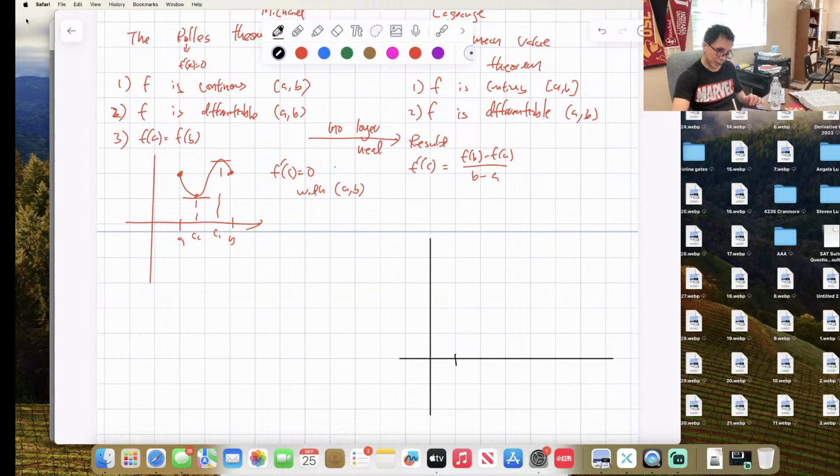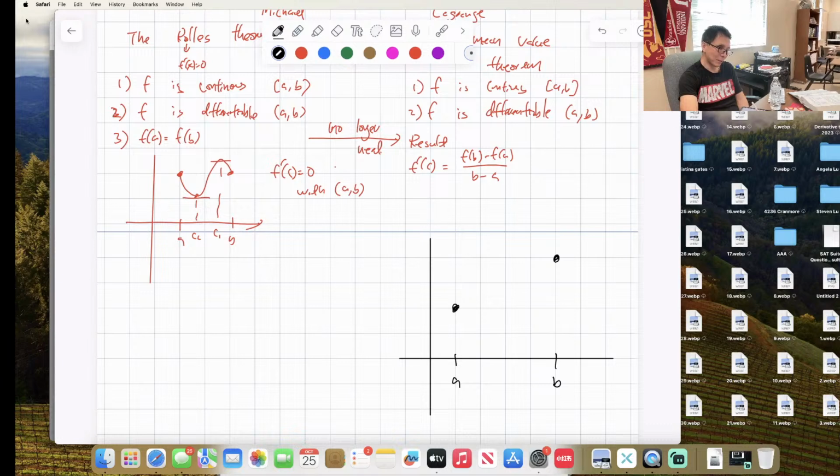And this one you've got to pay attention to, because it's always on the AP exam. If f(a) no longer equals f(b), do they have to have the same height? Not anymore, right? So what's the slope between those two points? One half, good. The slope between those two points is one half.